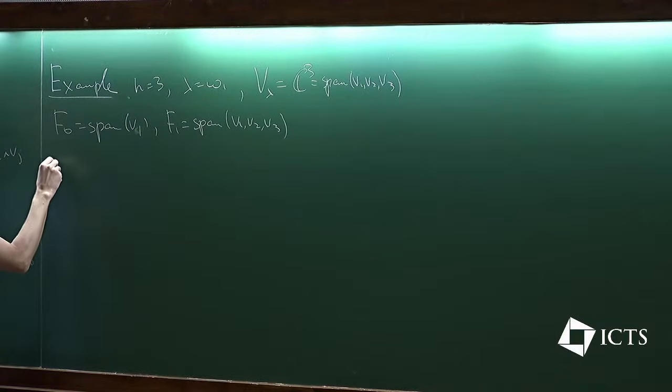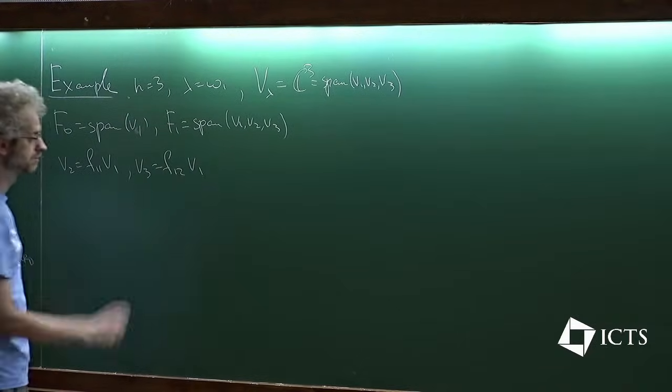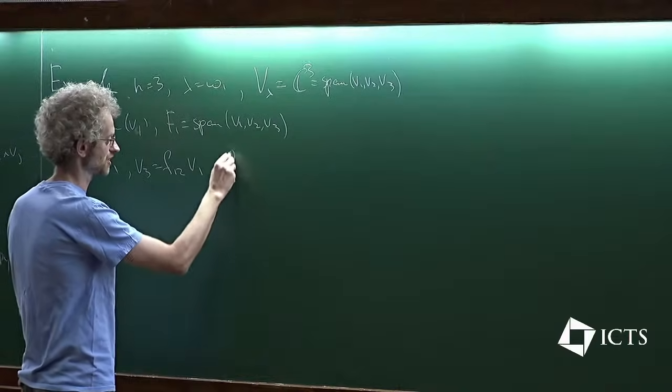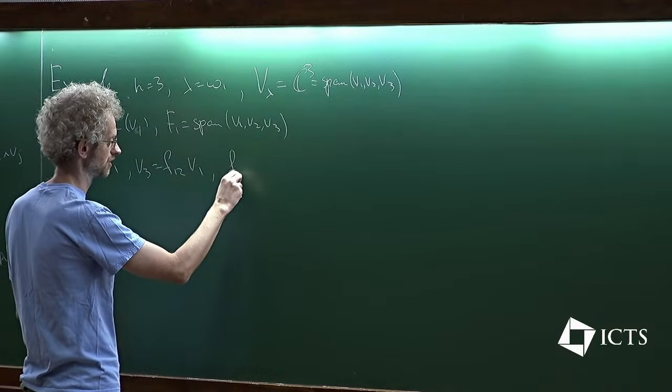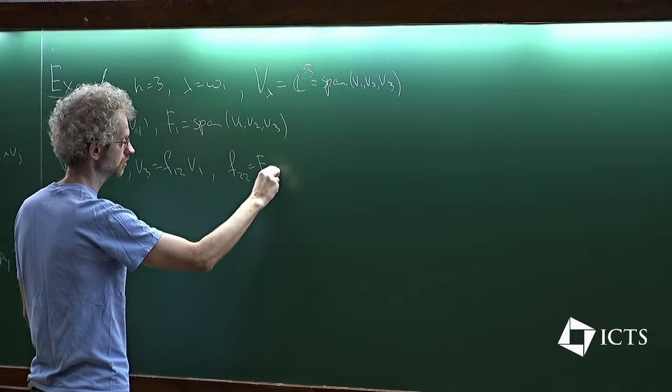So we see that V2 is F11 applied to V1, right? So it takes the first basis vector and sends it to the second, and V3 is F12 applied to V1. So it sends the first vector to the third. But of course, as in the classical situation, F22, this is a matrix unit F32, right?